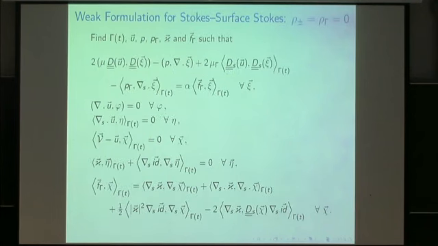So maybe just quickly, I just did the Stokes version to keep things simple. Otherwise, you've got loads more inertia terms in here. So we see the momentum equation now has this additional term involving the surface viscosity. You've got the surface pressure, which ensures local area preservation on the interface.